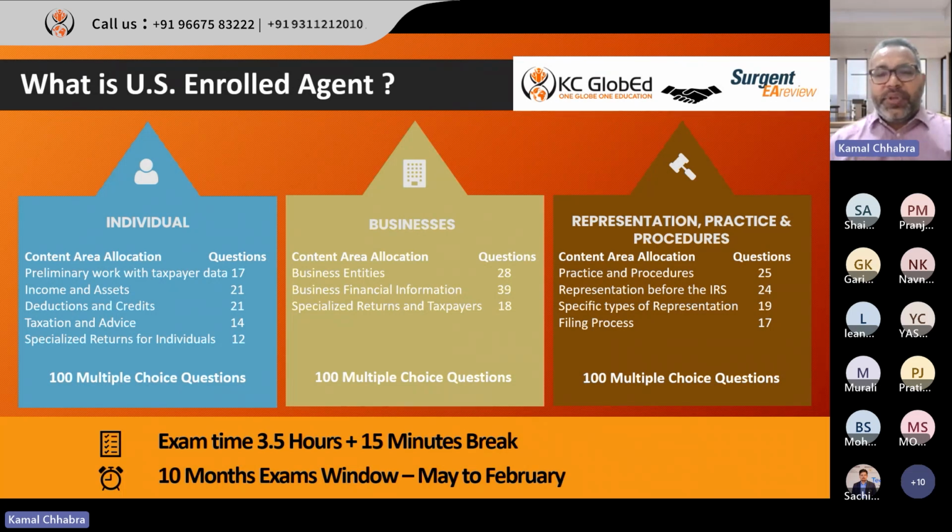Third subject is representation, practice and procedure. For any reason, if your client gets stuck in any litigation, then how to respond to the IRS if the IRS asks for additional information, or any response to the assumptions you have taken when you filed the income tax return. What forms need to be filed, what language you need to use to make the representation on behalf of the client.